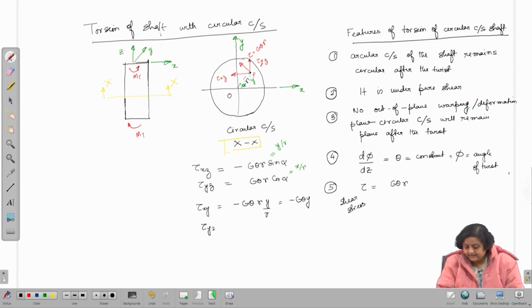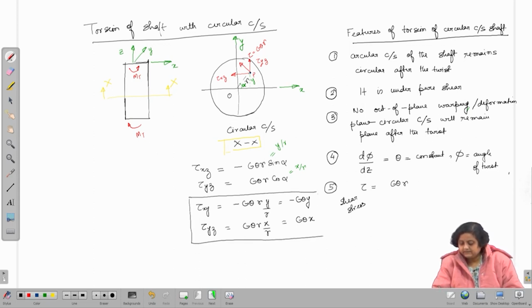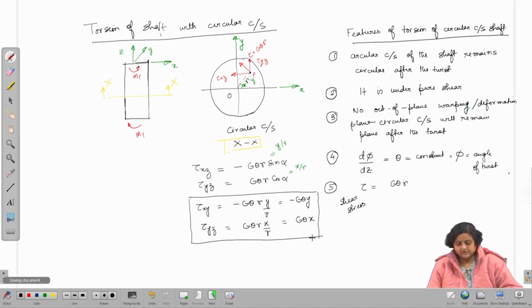Similarly, tau yz can be written as G theta r x by r, which is G theta x. So, these are the shear stress components in a shaft with circular cross section in the Cartesian coordinate. I have the shear stress tau, which is in the tangential direction, and I have converted it into the Cartesian coordinate.